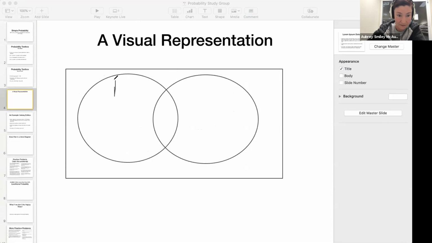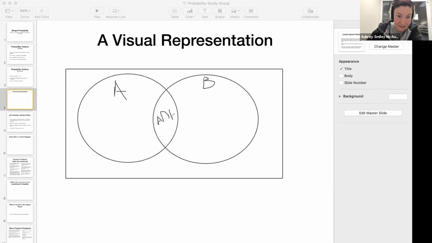So if this is A, it's a crappy drawing and I'm on a trackpad. And here's B. And then we have A intersect B. And that's a little arc.